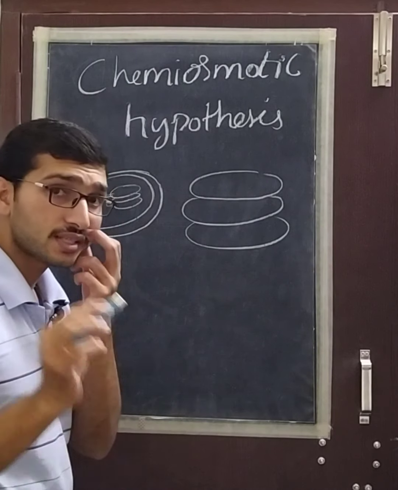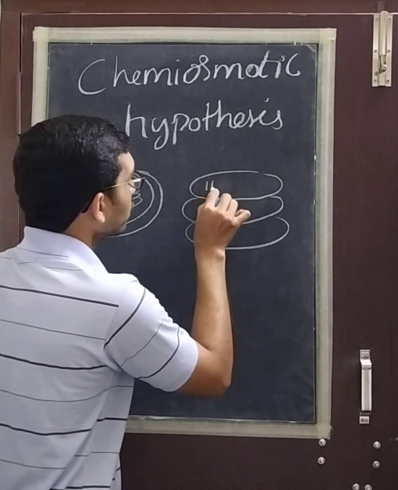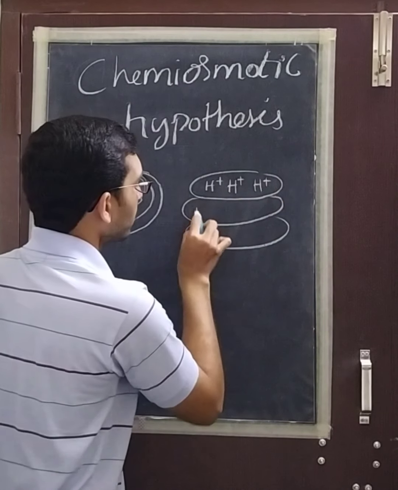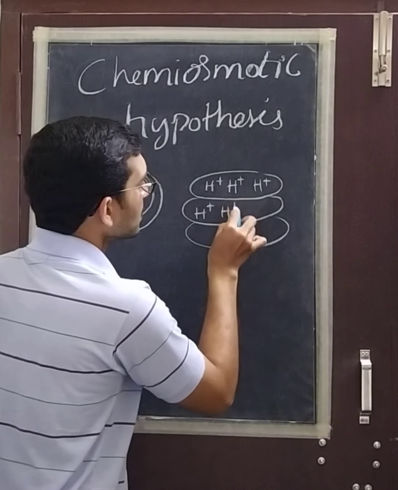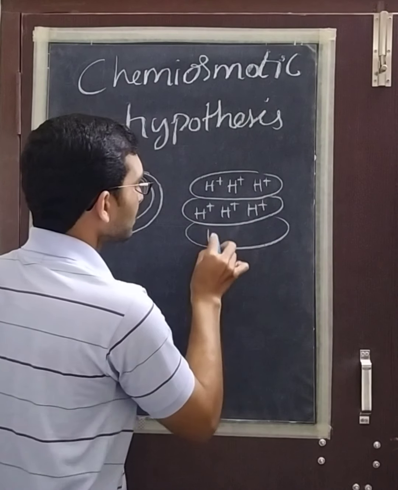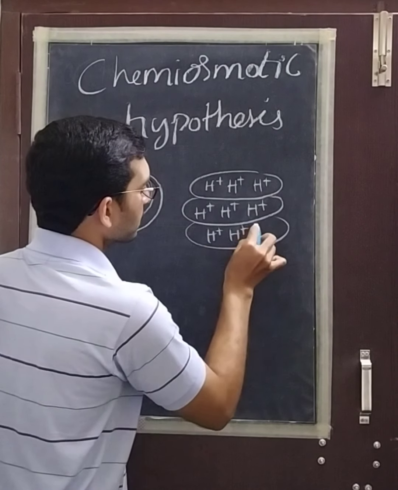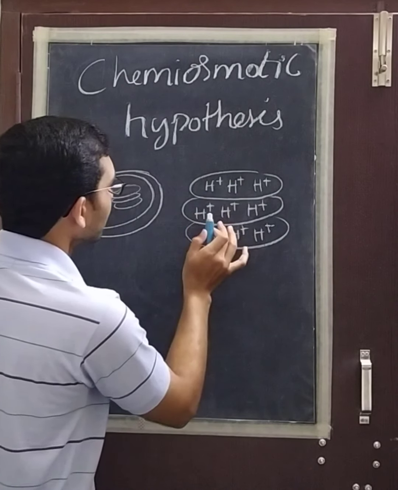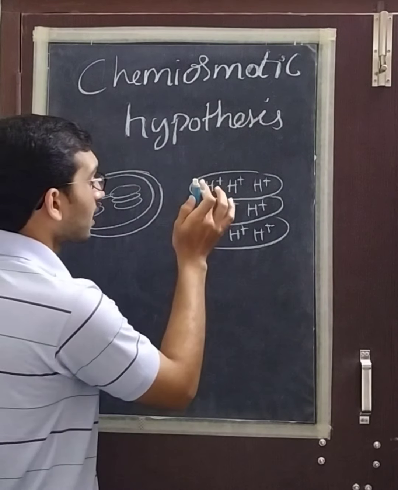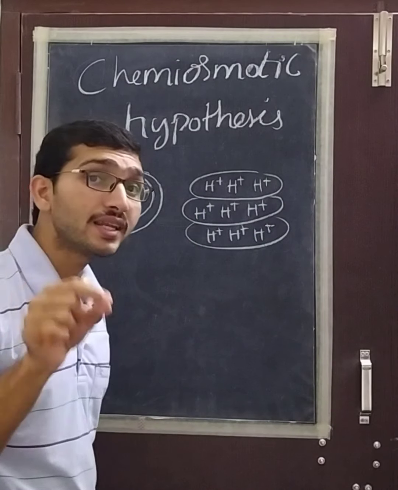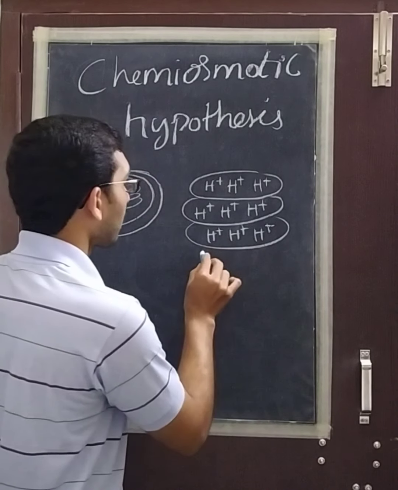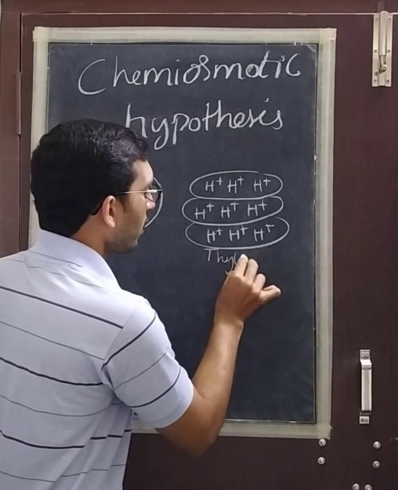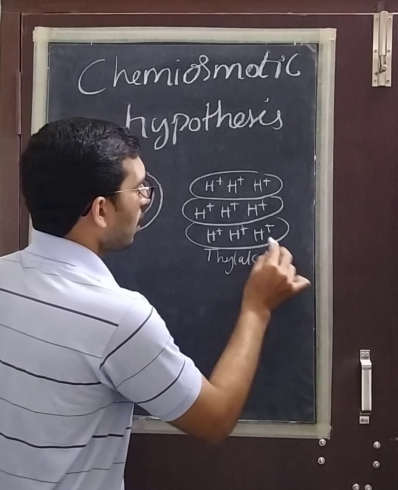Inside this thylakoid proton accumulation takes place, and this causes the proton gradient. The H plus ions are concentrated towards the inner side of the thylakoid membrane.